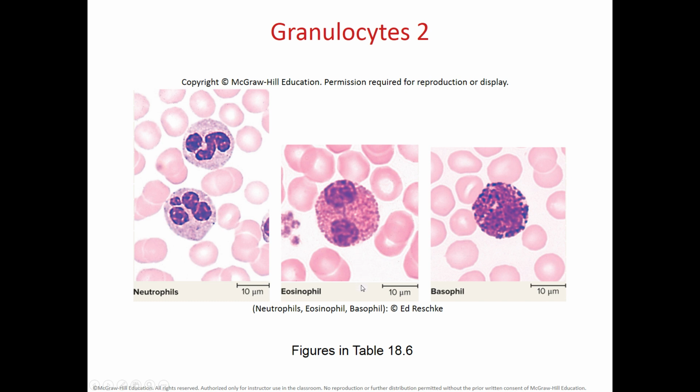Now the eosinophils have this bilobed nucleus, and they have these rosy orange granules. Basophils have these pink granules. They are very abundant, and as you can see, the nucleus is barely seen because of that.